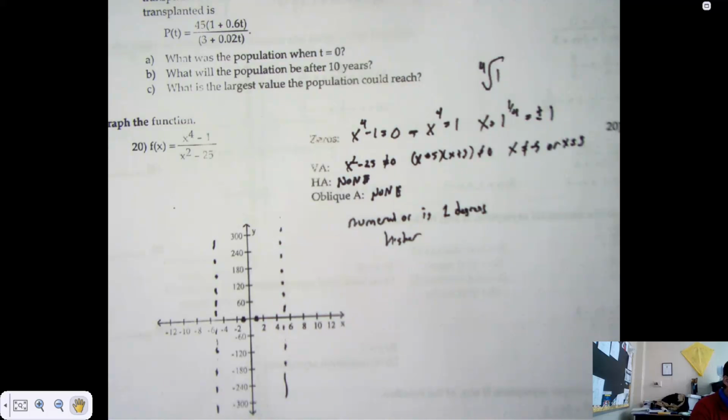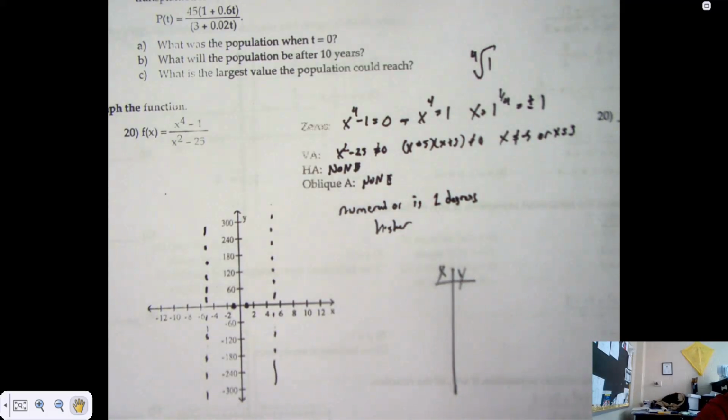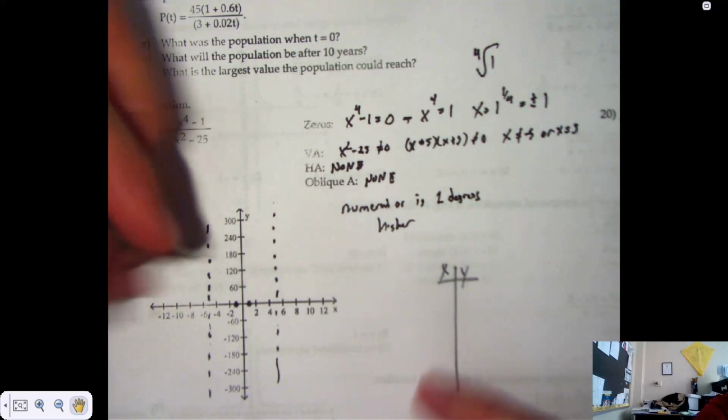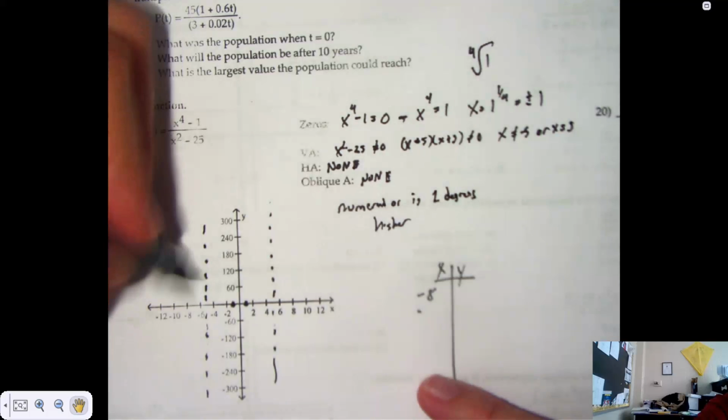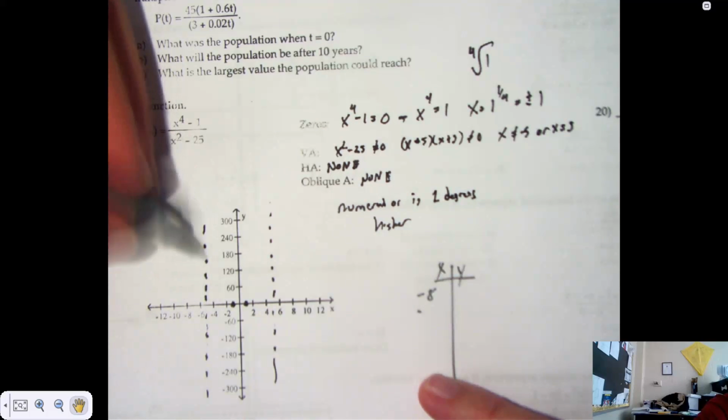Now, how are we going to fill out the rest of this? You're just going to make a table. I understand, it's kind of boring. I wouldn't plug too much in. Maybe -6 and -8. The -6, though, I'm not even worried about -6. This was at -5, right? So -5.01, -4.99.